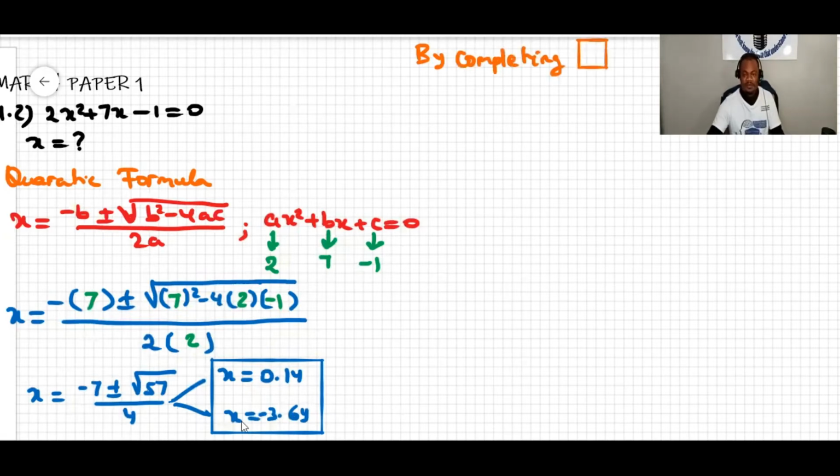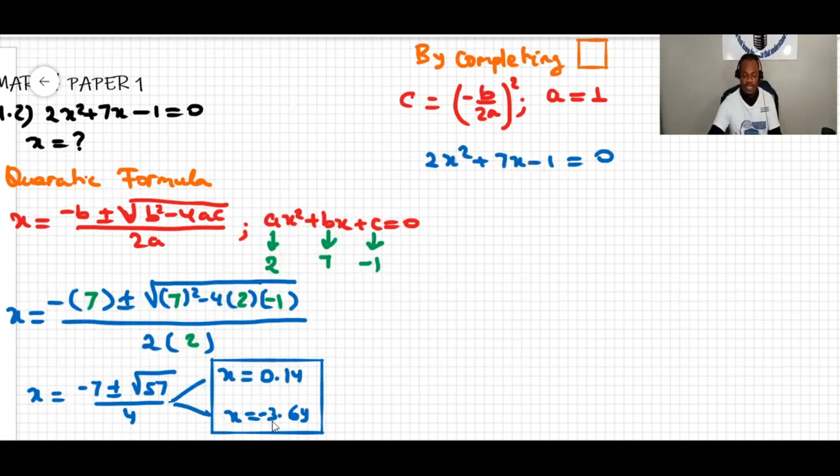Remember, as in the previous video, I said completing the square is when we change the c value into the form (-b/2a) to the power of 2. I said it's only possible when a is equal to 1. But in cases like this, a is not equal to 1, because we have 2x² + 7x - 1 = 0. How can we do that then?